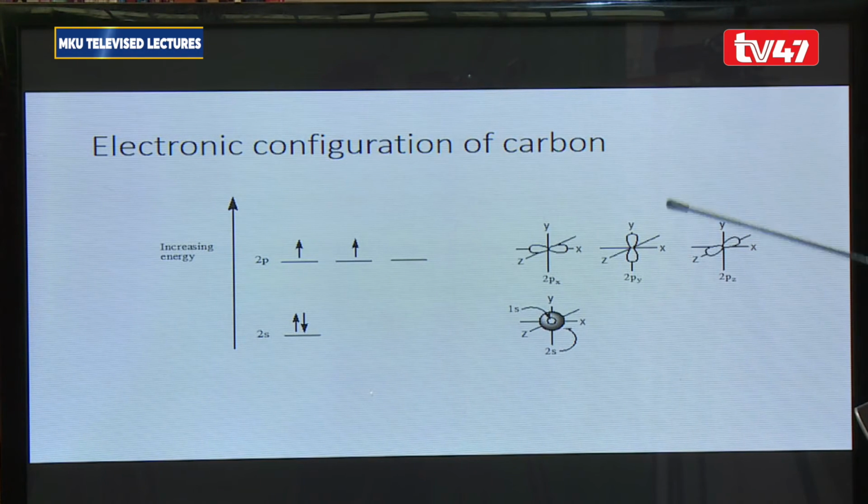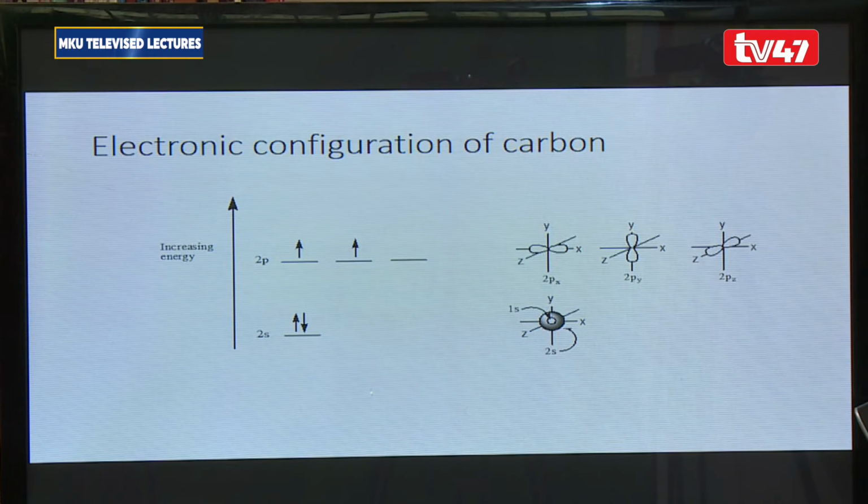So I was saying that considering the electronic configuration of carbon, we should have in the outer principal quantum shell 2 unpaired electrons and 2 paired electrons, meaning that there are only 2 electrons that can bond covalently.